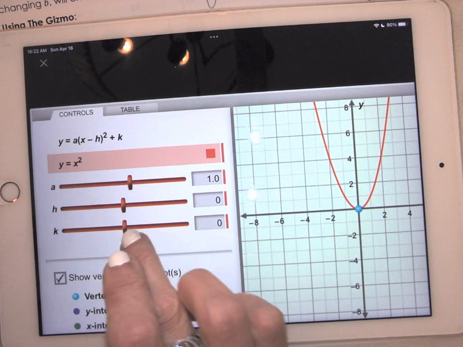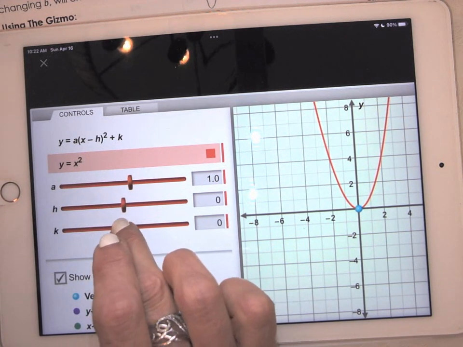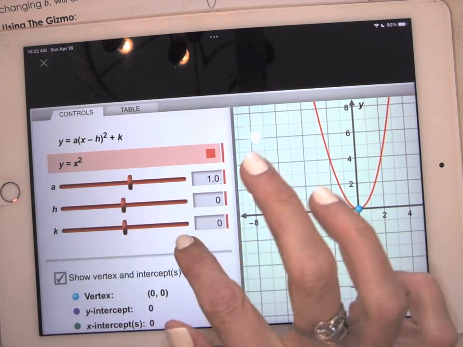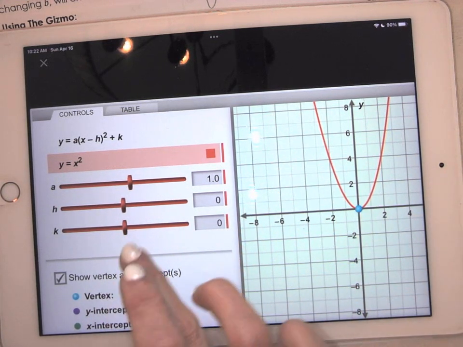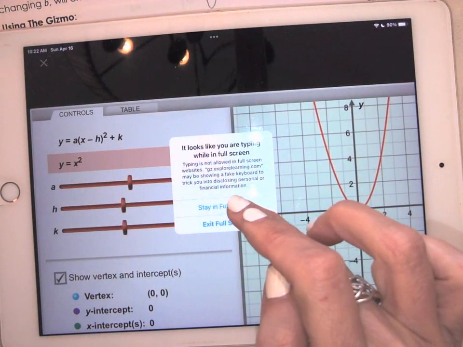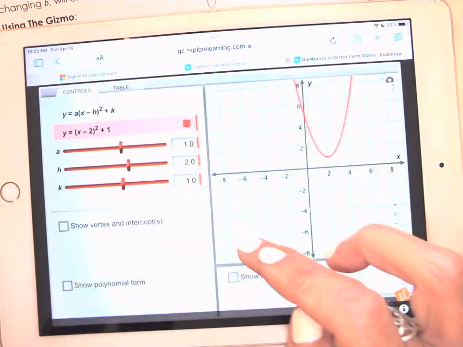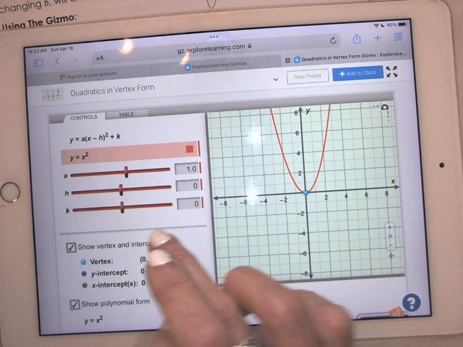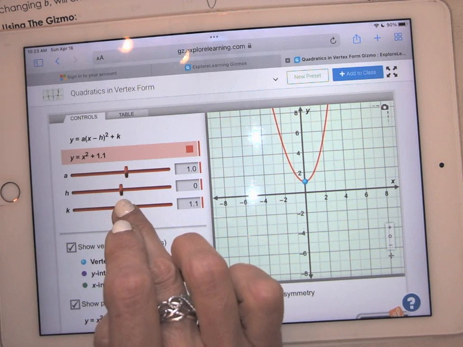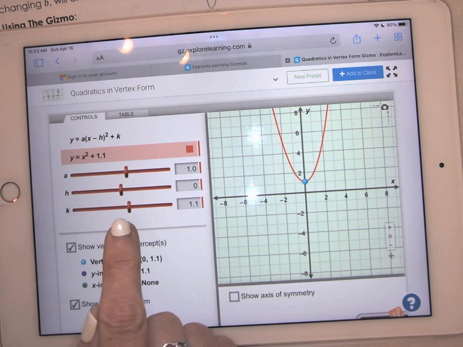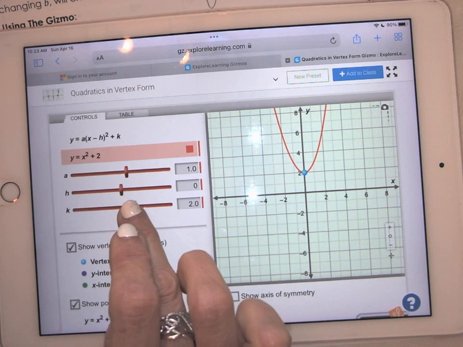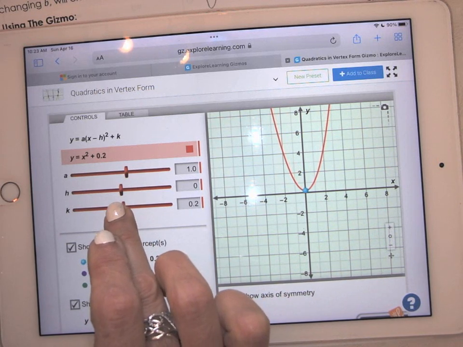So K slider, as I'm moving it, making K bigger, I'm trying to make K bigger, oops. Looks like there we go. So I've got my regular parabola, I'm moving my K slider. As K gets bigger, you can see my equation changing, x squared plus 1.1, and my vertex is at 0, 1.1. And my parabola is staying the same shape, even though you can't see all of it.